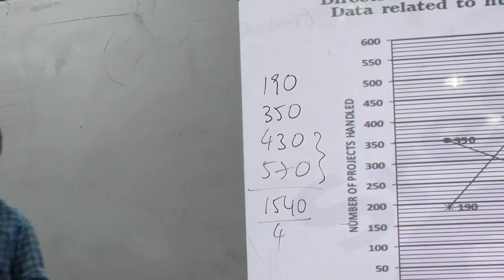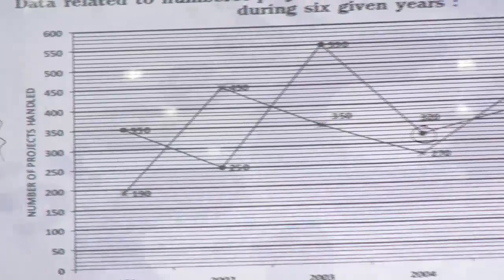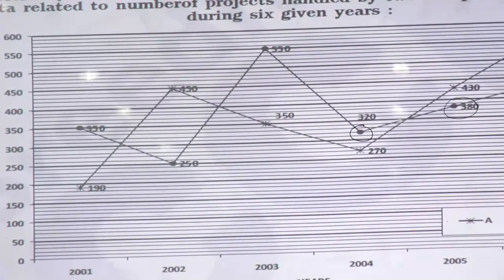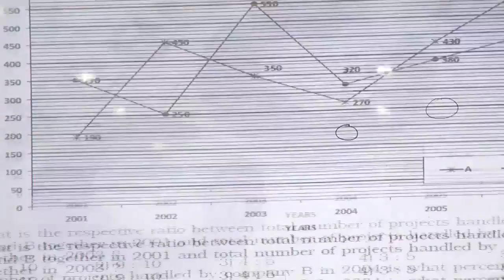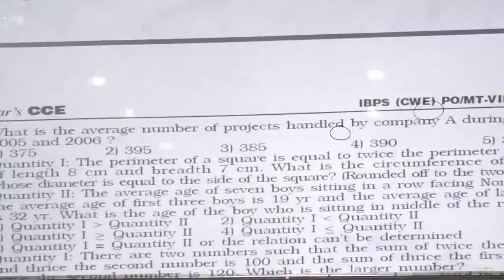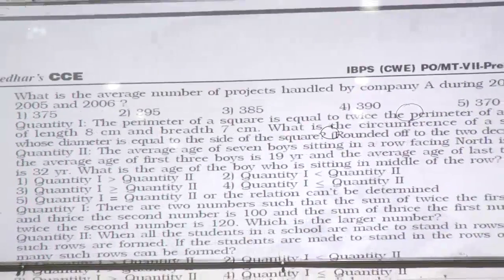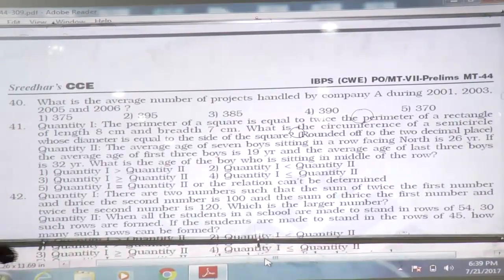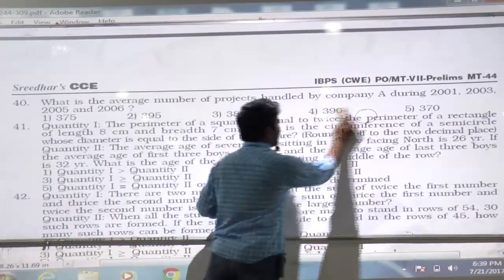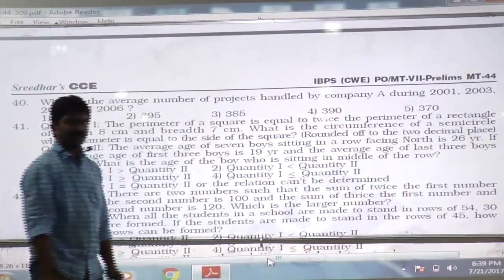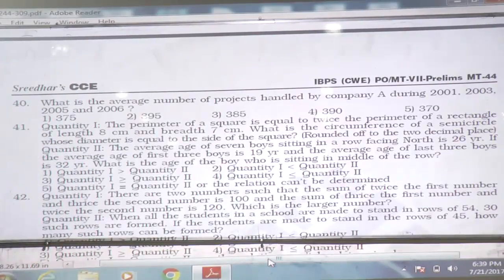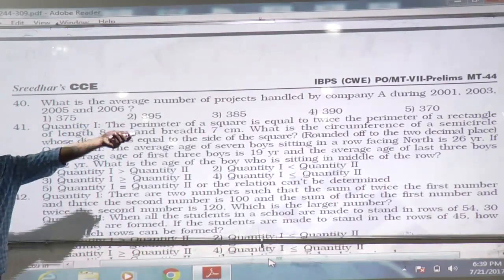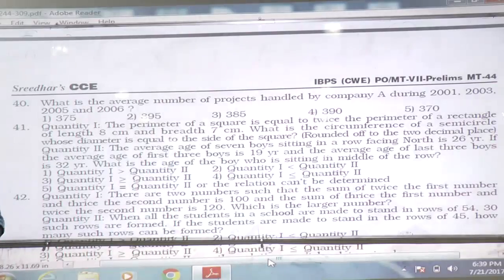Next, 41, quantity 1. The perimeter of a square is equal to twice the perimeter of a rectangle. What is perimeter of rectangle? 2 into a plus b. They said 2 times of perimeter. That will be 4 into a plus b.